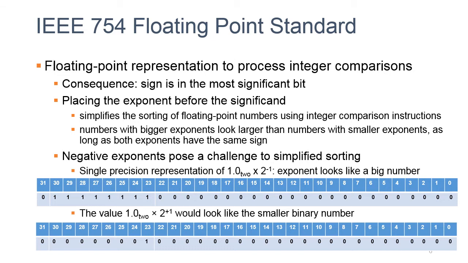The value 1.0 × 2^+1 would look like the smaller binary number in single precision: all zeros from bit 0 to 22, then a 1 in bit 23, and all remaining bits are 0.